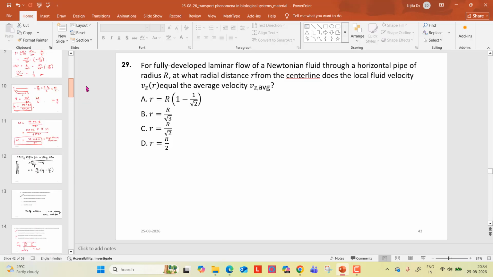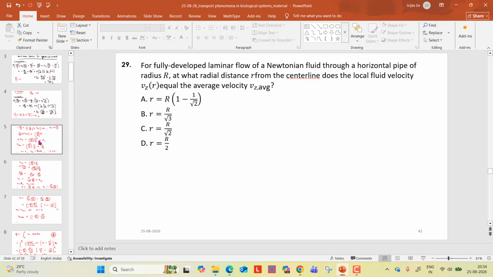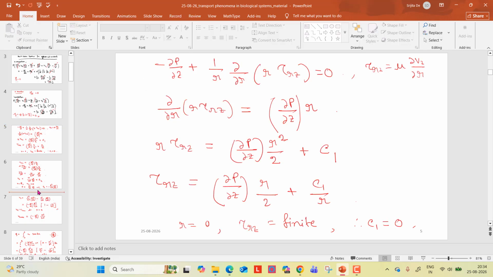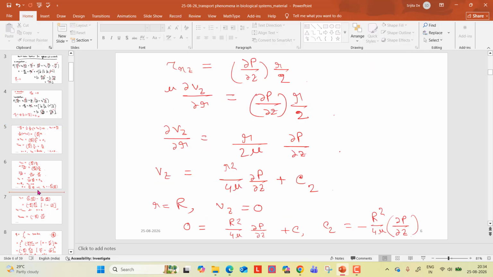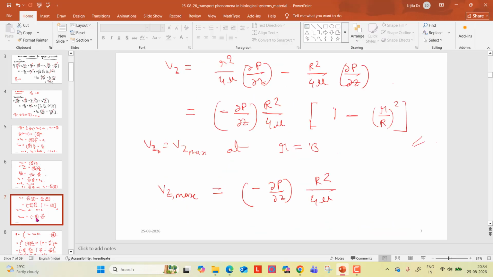So the expression of Vz was R square by 4 mu into 1 minus r square by R square, this.